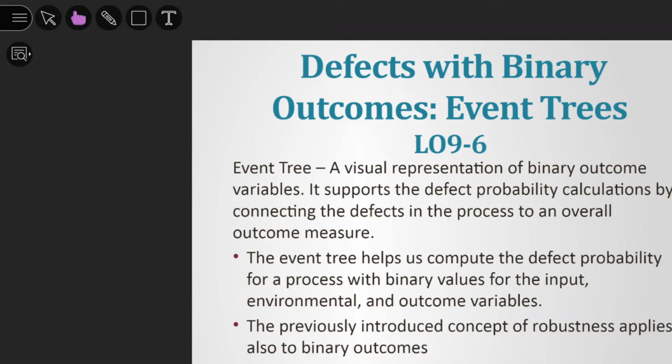Because if the probability of error is only 1%, taking 10 samples is not going to even show that error. So usually when you run the binary defect metric, you have to take 50 to 200 samples in order to pick up the one that is bad.